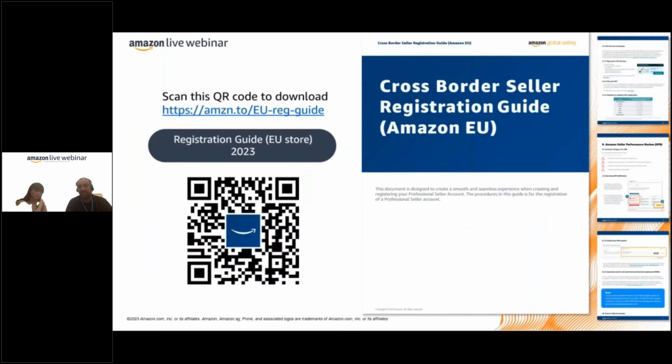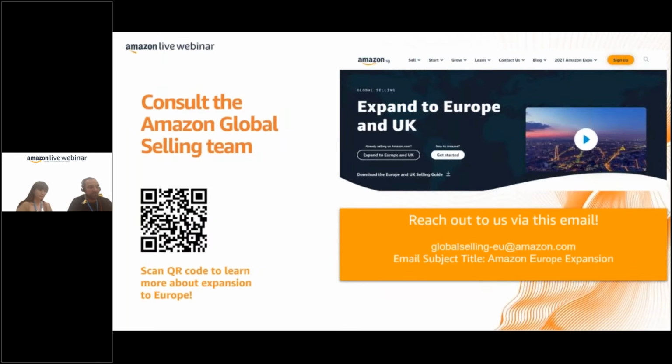I just wanted to remind everybody who is interested, I just want to highlight this again. EU and UK can be quite complicated and overwhelming. Sometimes even if you're here, you're not really sure how it applies to your business. So please do scan this QR code. It'll fill up a form that will come to us, so we can try and at least get you started and put you in the right direction, or share the resources with you again.